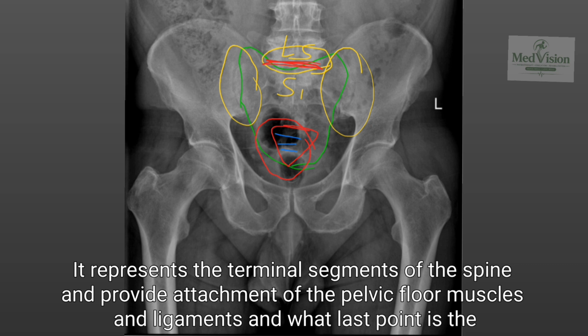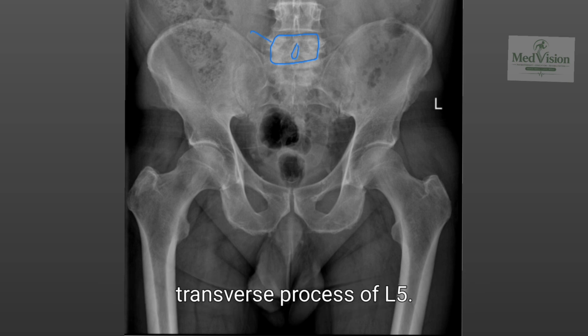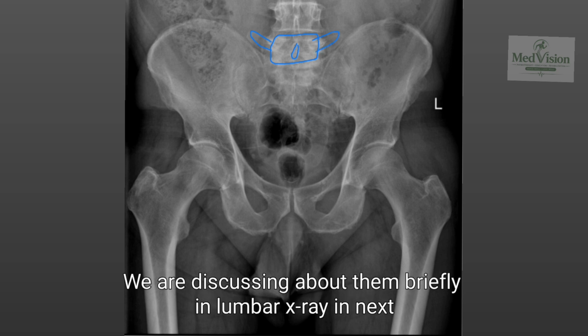And the last point: superior to the sacrum lies the L5 vertebra, with the spinous process of L5 and the transverse process of L5. We will discuss them briefly in the lumbar X-ray in the next video.